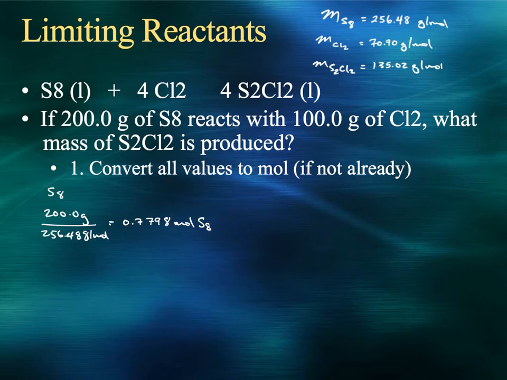And if we're doing this for Cl2, it's 100.0 grams divided by its molar mass, 70.90 grams per mole. And that is 1.410 moles of Cl2. Okay, so that's the first step there.